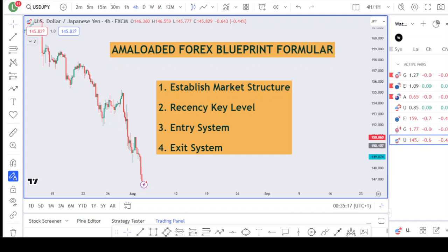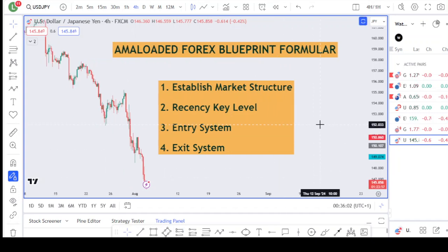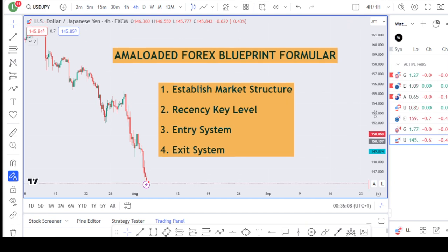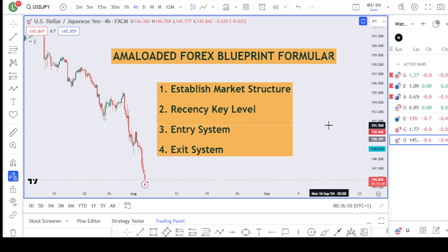As a professional price action trader, you don't have to waste your time, struggle for a long period of time before you get it right. All you have to do is to find a profitable forex blueprint formula that you can stick to all the time, that you can use all the time to analyze the market over and over.